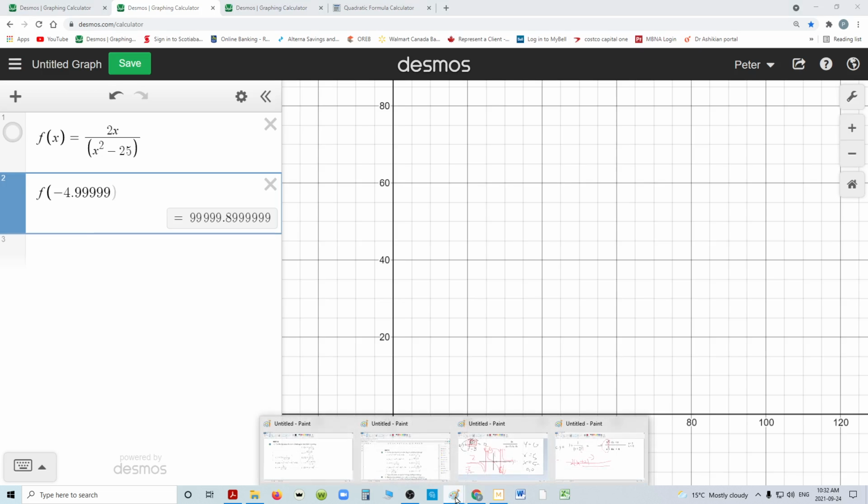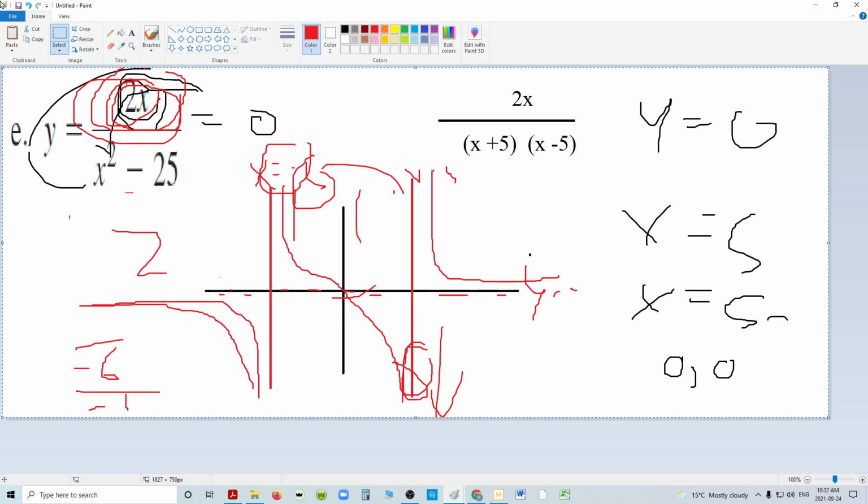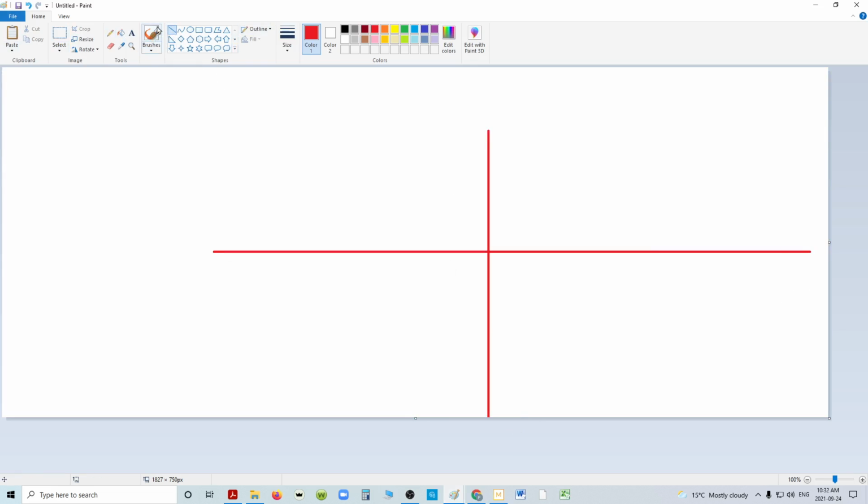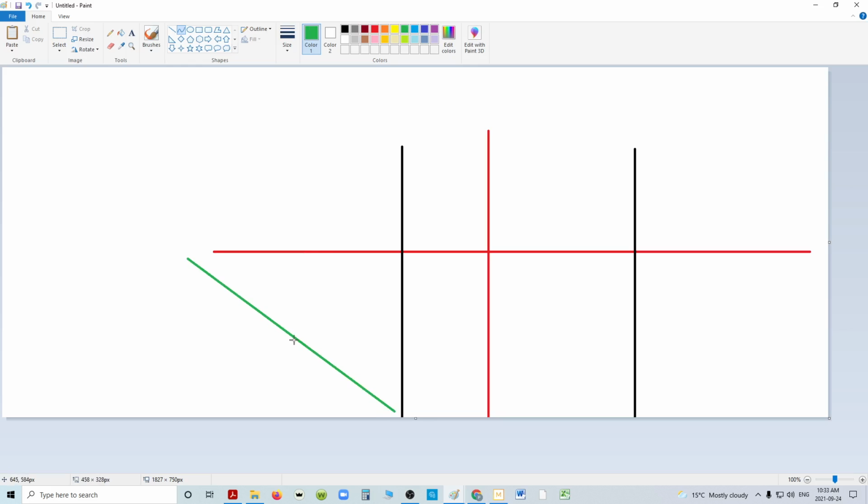So that means, and you're allowed to do that on a calculator, that means we are 100%, if that's the Cartesian graph now, and I take black as my asymptotes, it is 100% doing this, and I'll use green for my graph. It's 100% doing that.